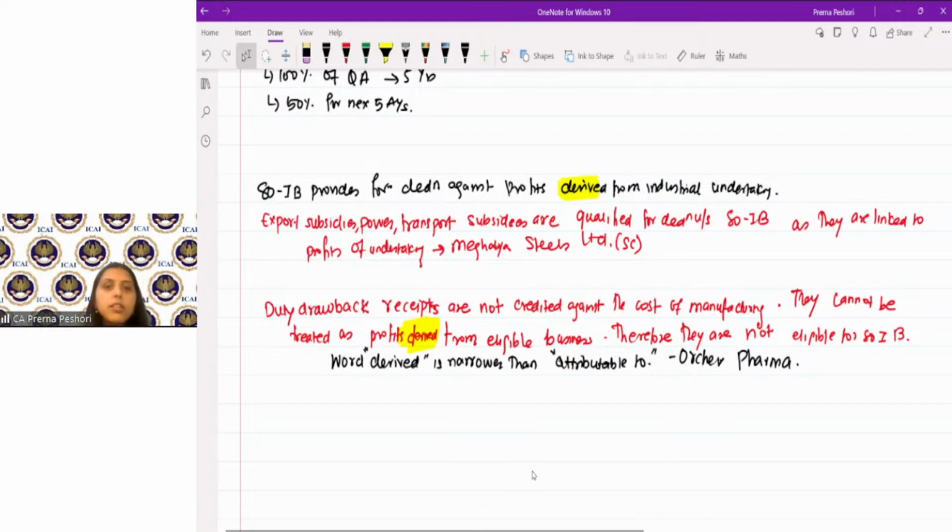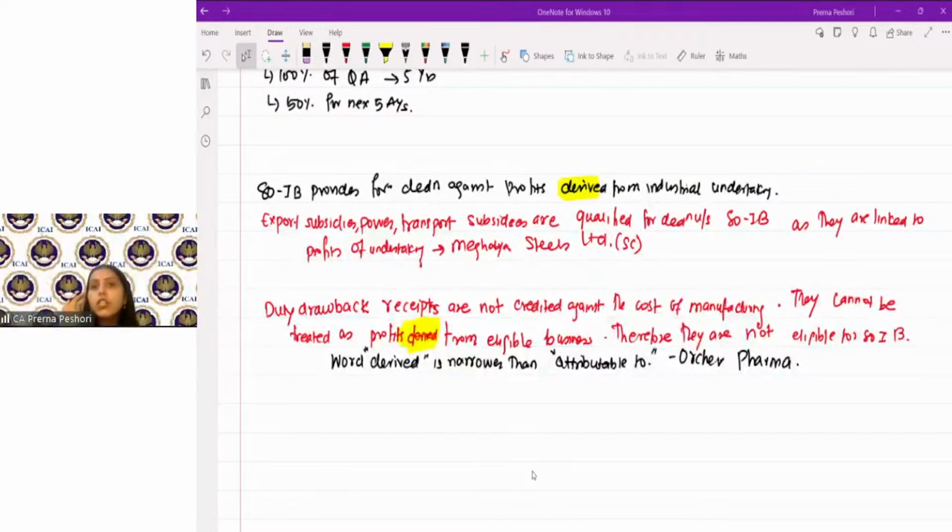Next is another decision, a very interesting decision, in the context of the deeming fiction. The question before the Karnataka High Court was, can unabsorbed depreciation of an eligible undertaking, an industrial undertaking eligible for 80IA, be set off against the income of a non-eligible business of the assessee?